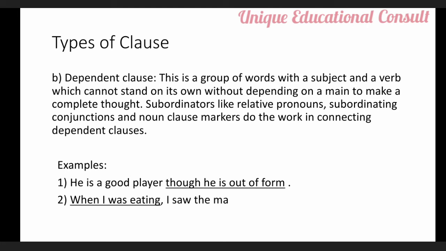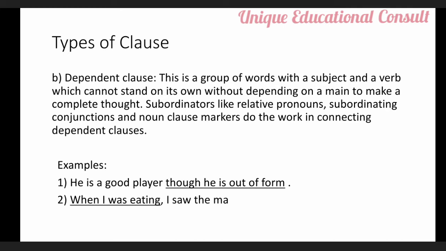Now let's proceed to the dependent clause. A dependent clause is a group of words with a subject and a verb, which cannot stand on its own without depending on a main clause to make a complete thought. Remember, they have something similar in this case. A main or independent clause has a verb and a subject.